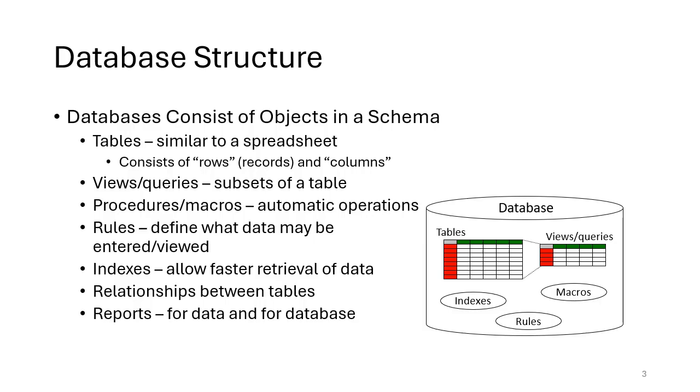But where a rule might come in, you might have a rule that says we can't have any data that varies by more than plus or minus 5% from the previous data item. So you might have a rate of change rule. You might have a rule that says we don't accept values greater than 100%. So those rules can be business rules, or they can be data integrity rules, and they can define what data can be entered into the database.